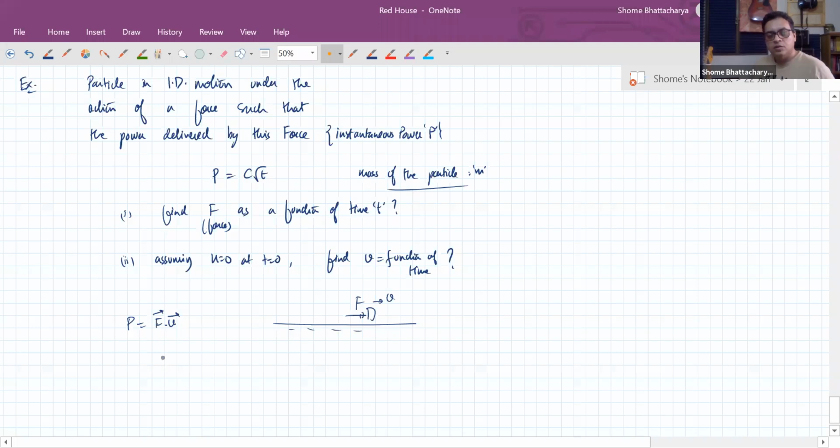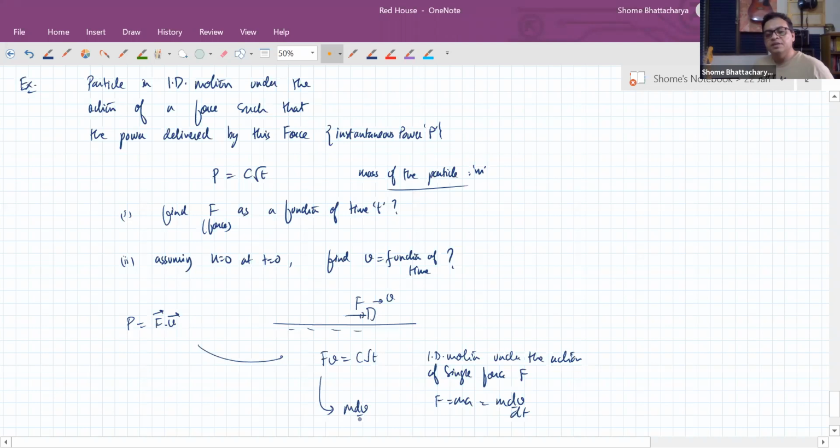So here, F into V will become equal to C root T. Now this is 1D motion under the action of the single force F. So that F is actually equal to ma, that is m dv by dt. So next, we'll substitute m dv by dt into V is C root T. So that is how we will get all this.